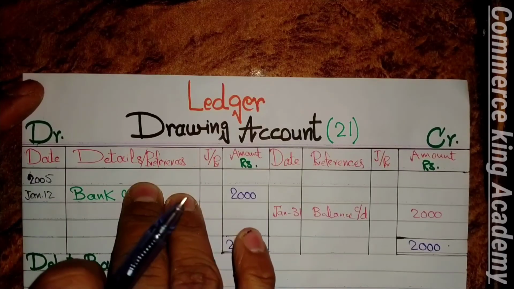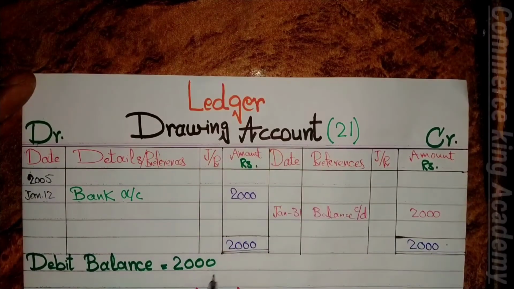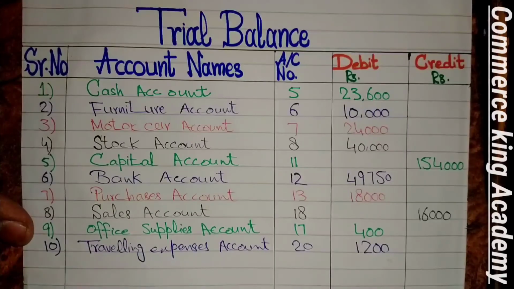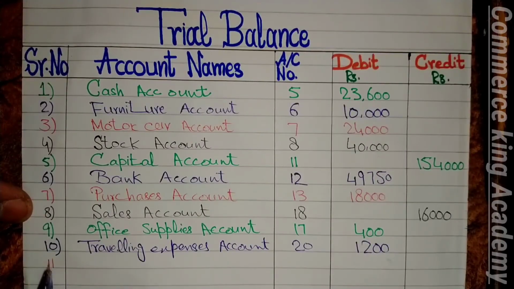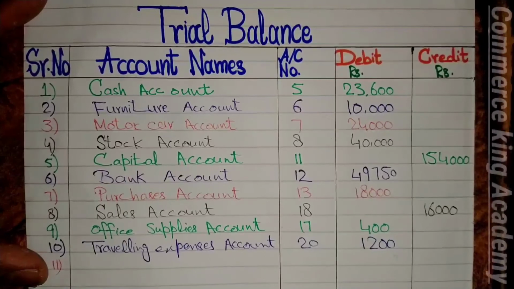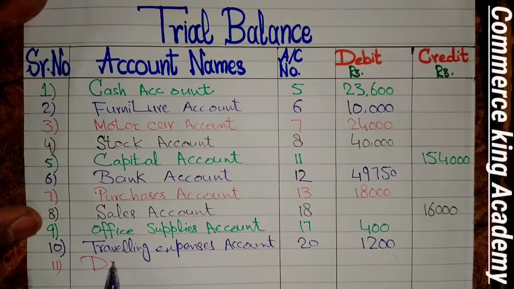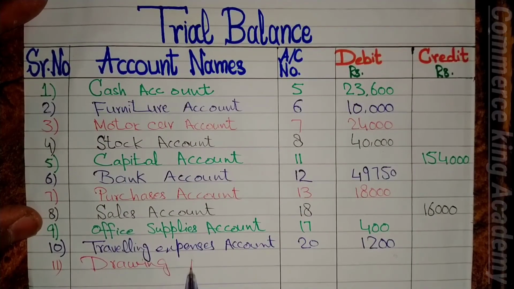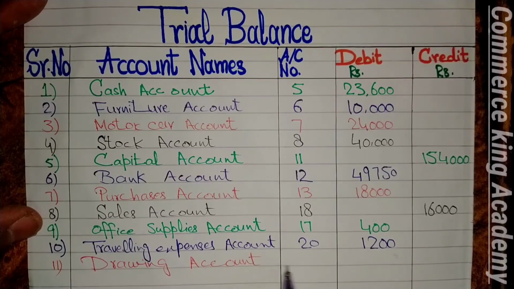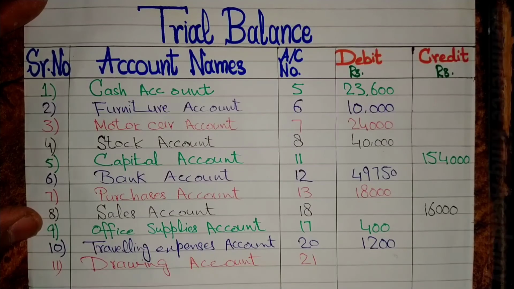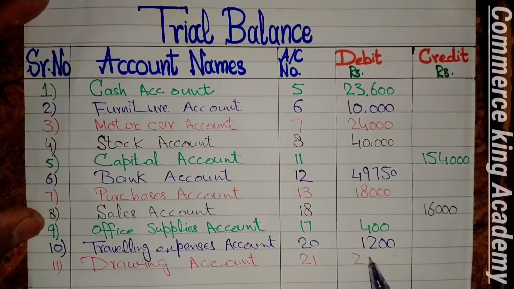Next ledger account is drawings account, 2000 rupees. So serial number 11, account name drawings, ledger folio number 21, its balance 2000 rupees on the debit side.